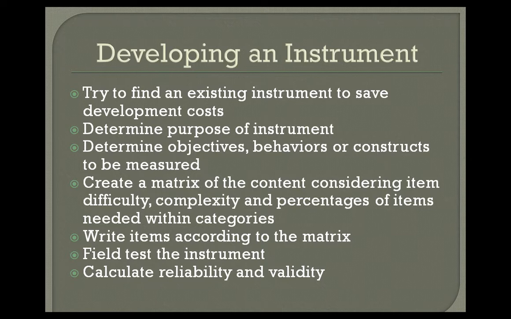But if you can't find one, or if you just want to write a survey for your own specific purposes, then first of all, determine the purpose of the instrument, define your objectives, behaviors, or constructs that you want to measure, create a measure of the content considering item difficulty, complexity, and the percentage of items that you want within certain categories, or the percentage of items that will gather information on certain topics. Then you're going to start writing items according to the matrix.